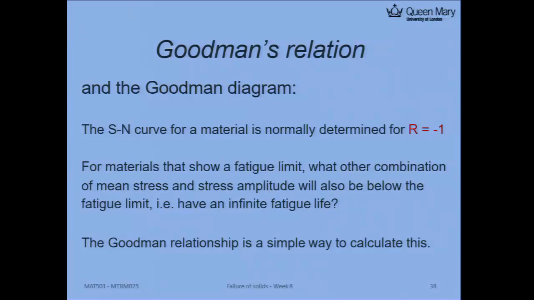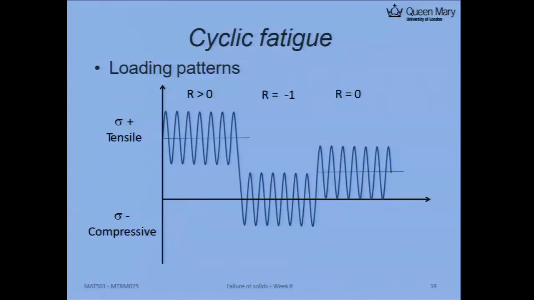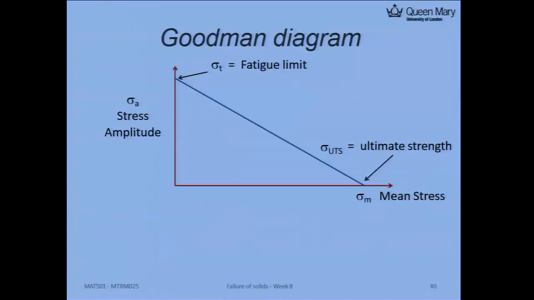This relationship helps you design that. Let's recap this R: we're talking about R equal to -1, just this part. We don't care about the other two. The Goodman diagram means you draw this curve with stress amplitude on the y-axis again, but now we change the fatigue life N to mean stress, sigma mean. It's kind of hard to understand why we plot two stresses together on different axes. Let me tell you why.